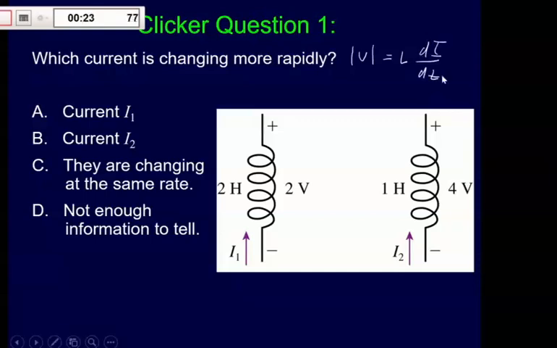And we give you information. So there's two inductors. We tell you the inductance, which is the 2 henry and the 1 henry, and then we're telling you the voltage across them, and we want to know which one has a bigger magnitude change of current. So think about this one and let us know what you come up with.